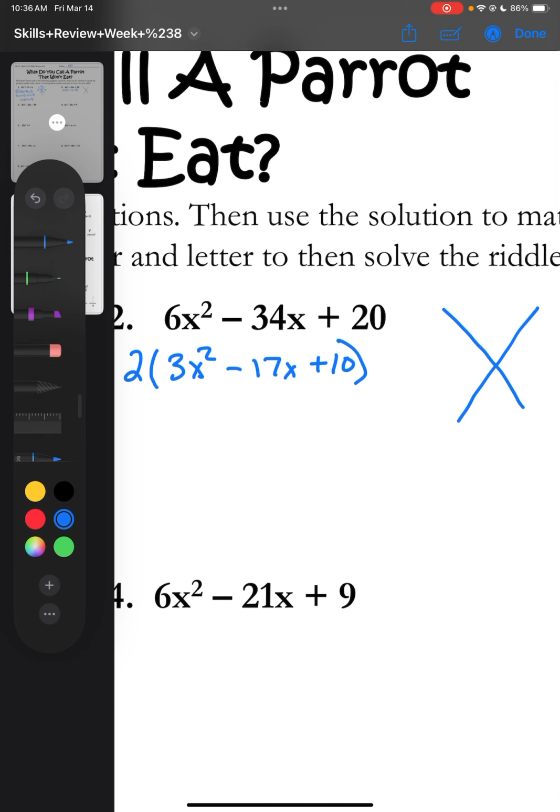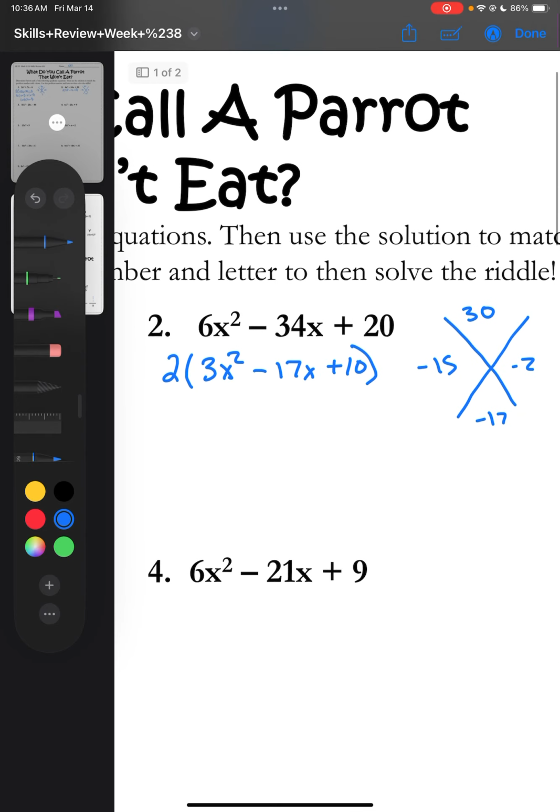So we would have a 30 and a negative 17, which would be negative 15 and negative 2. So we split up that negative 17: keep that 2, then 3x squared, minus 15x minus 2x plus 10.